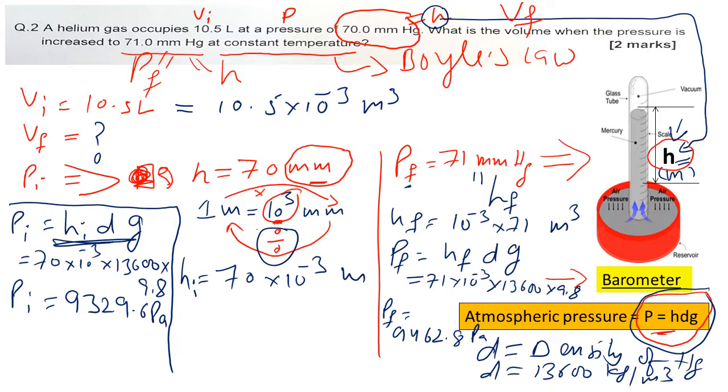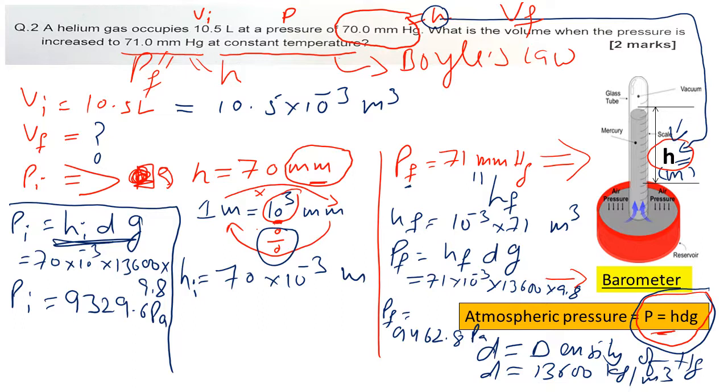Now what parameters are given here? So we collect the parameters. The volume is given, this is the initial volume, 10.5 liter. This liter you cannot use, and the final volume you have to find out.